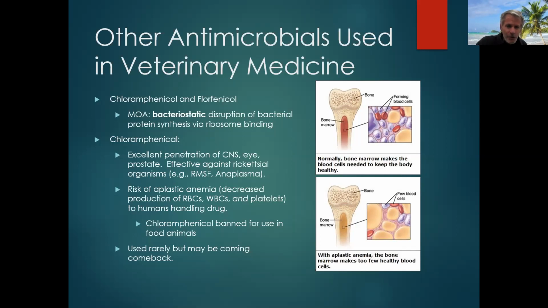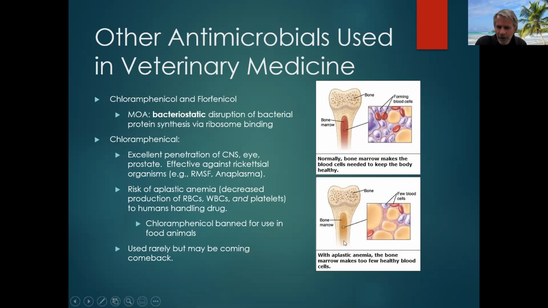Now, anemia usually just means low red blood cell numbers. Okay, aplastic anemia means low red blood cells, low white blood cells, low platelets, low everything. That could be deadly, right? This just shows you normal bone marrow making red blood cells and white blood cells and platelets. But here's aplastic anemia, right?